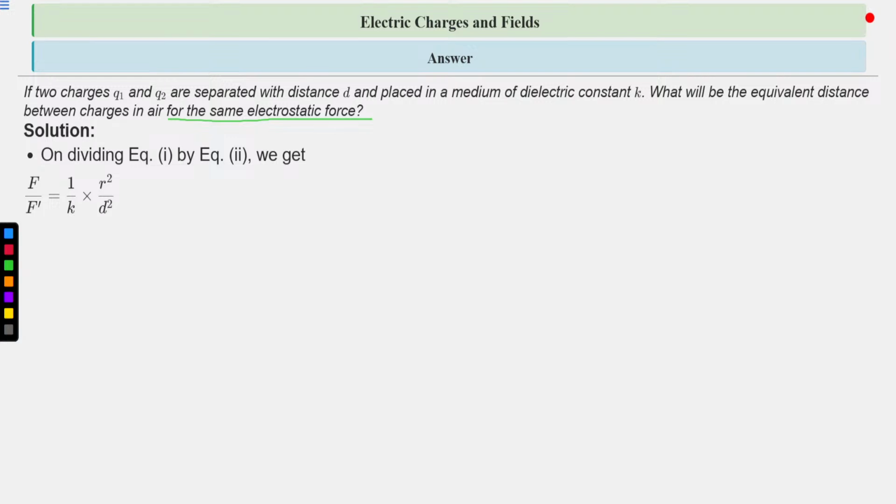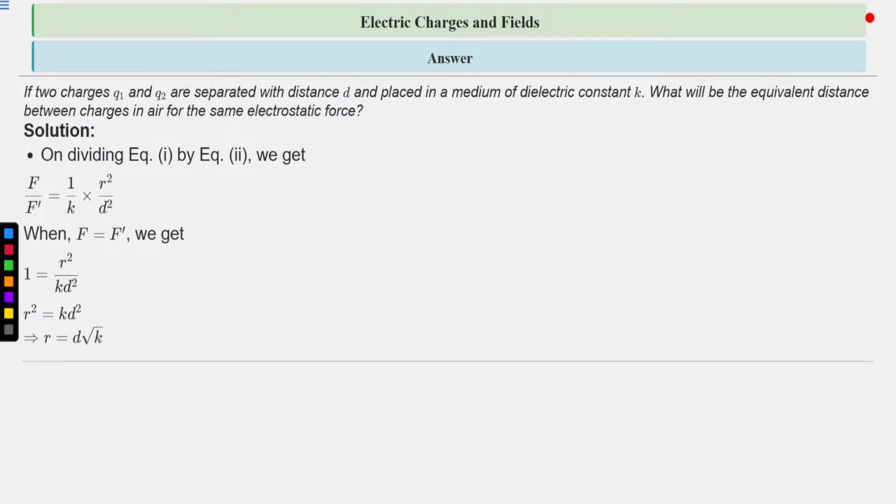So F and F dash should be the same, F is equal to F dash. Then the ratio becomes 1 equal to R square upon K D square. Now R square is K D square.